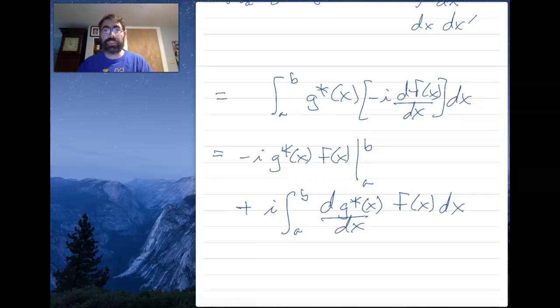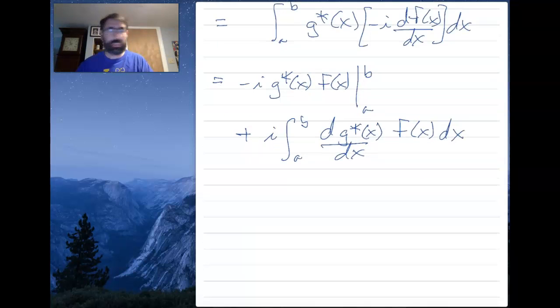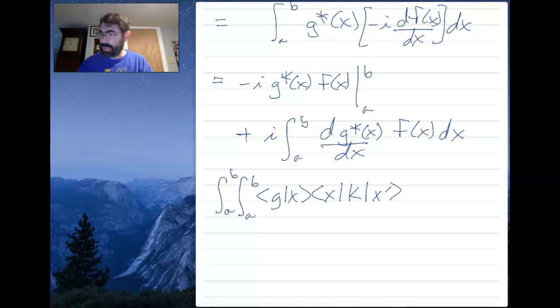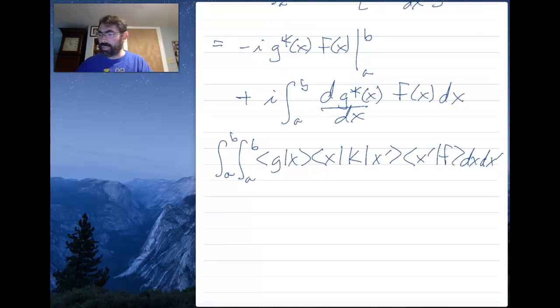If we now compare this to what we had when we started, we had a double integral, and if we then take the complex conjugate of it, then everything switches around.